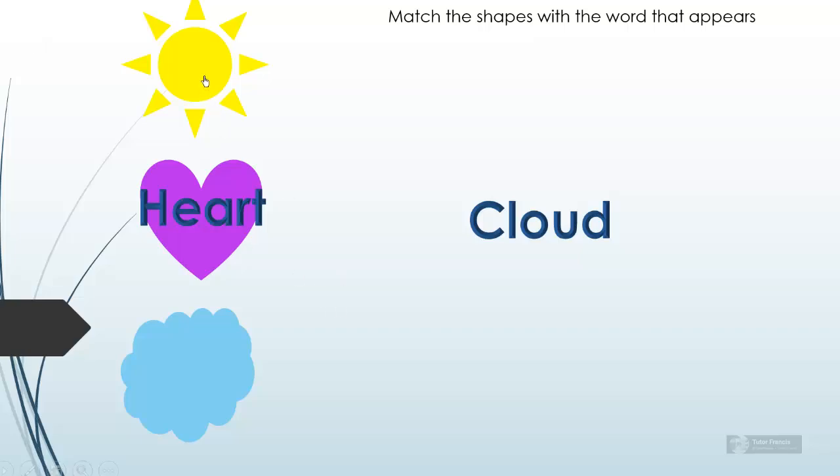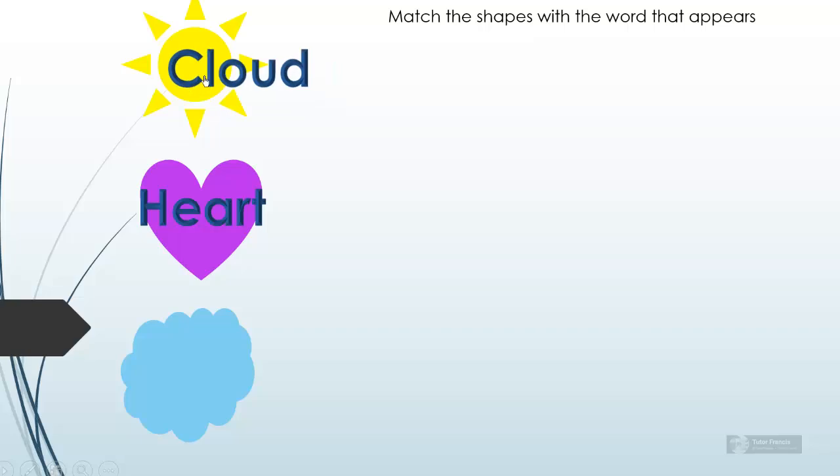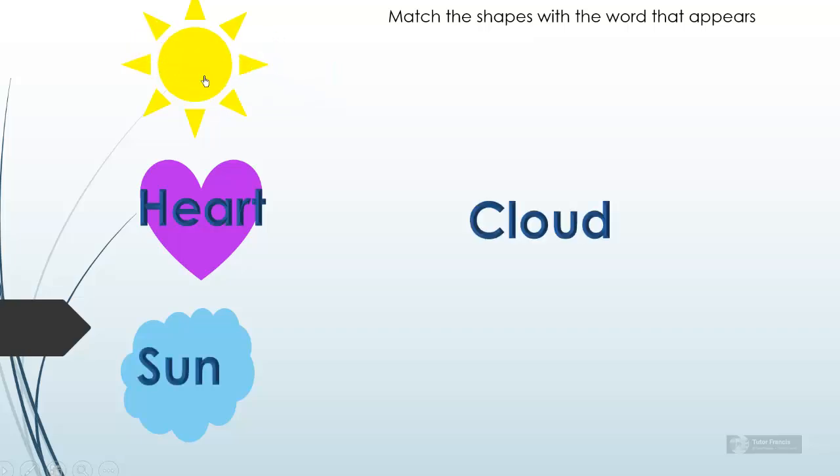So the user clicks on cloud, sun appears, it should move, but it's not moving. Why is it not moving? Let's check.